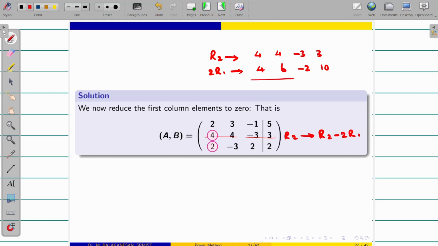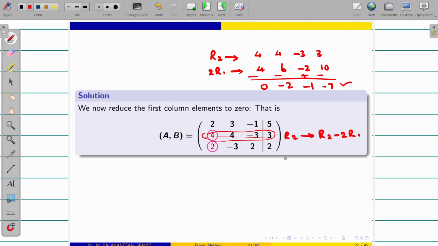Now we have to subtract: minus, minus, here plus, this is minus. So it will be 0, here minus 2, here minus 1, and here minus 7. That's it. I am going to replace this entire row R2. This is my old R2, and this is my new R2.